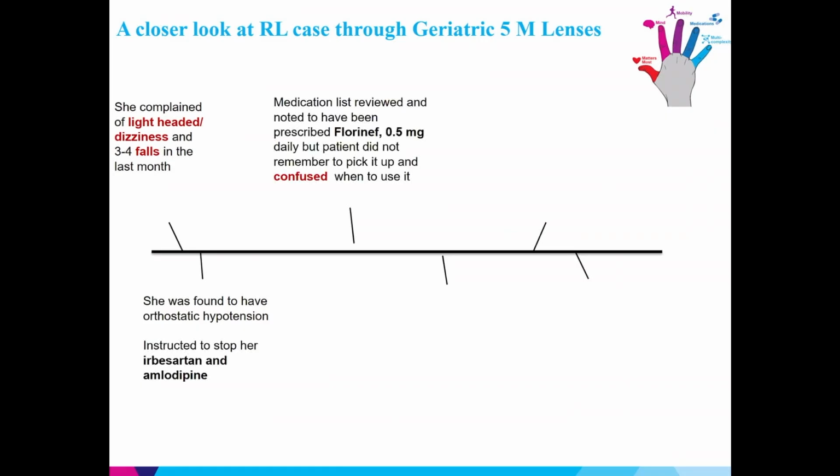We take a look at her medication list and stop her 2 antihypertensives and call her pharmacy and note that she's been recently started on Florinef. The patient is confused, didn't remember that this new medication was added, and didn't know she was supposed to use it. We also confirmed at the pharmacy that she was started on a new medication called entacapone. This was started by her neurologist.